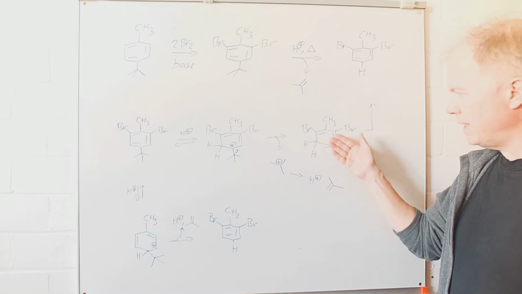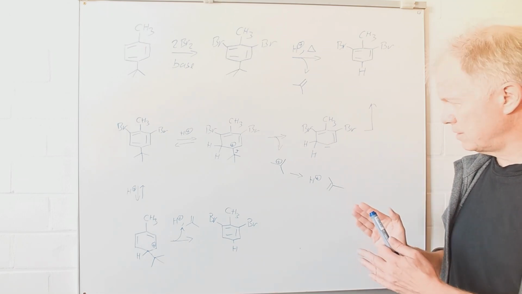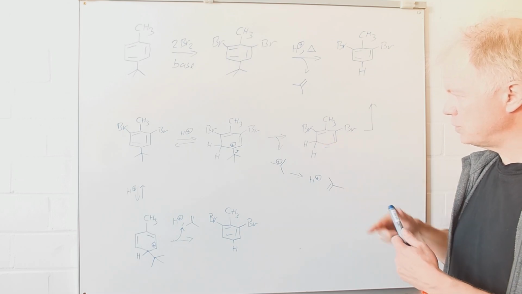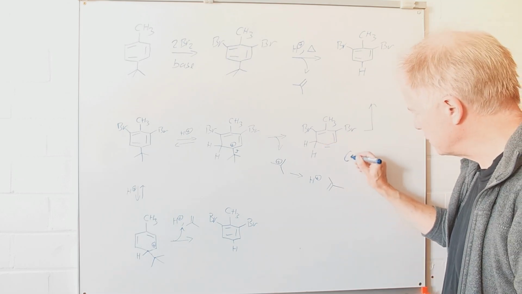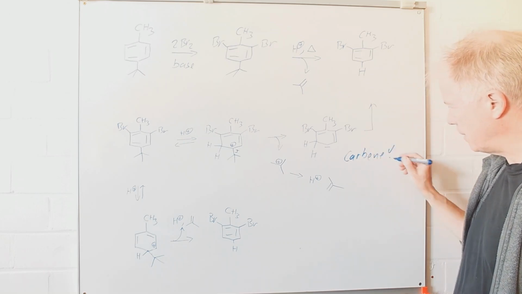So, what reactive intermediate is that? This is not an anion. A free electron pair at a carbon with only 2 bonds. This is a carbene, as we should remember.